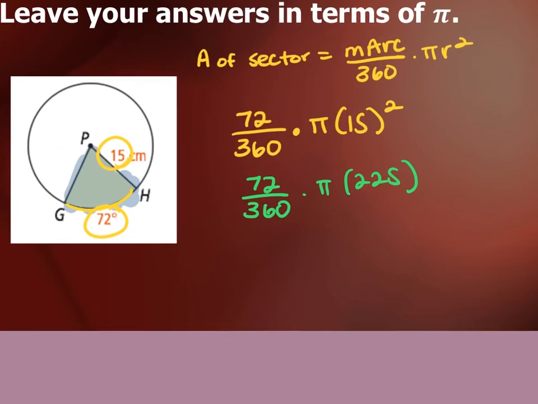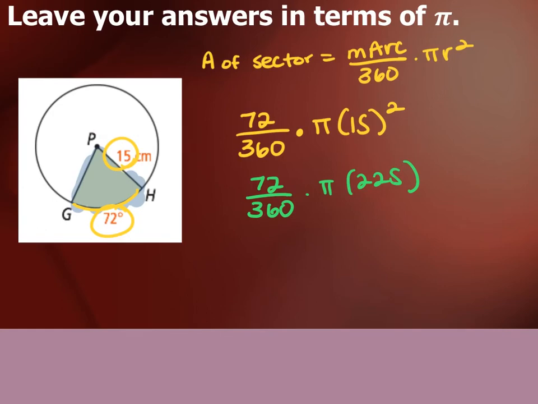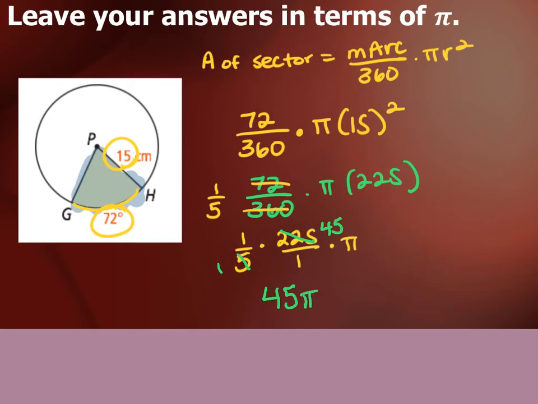One is try to simplify the 72 over 360. 72 actually goes into 360 5 times, so this would be 1/5. I'd get 1/5 times 225 over 1 times pi. And then 225 is divisible by 5. It's 45. And this would be 45 pi. That's one way to do it.